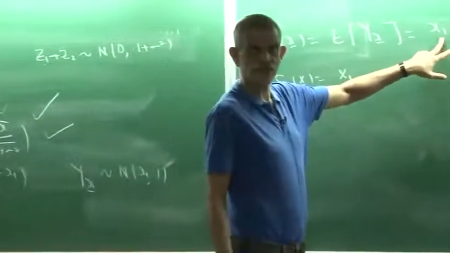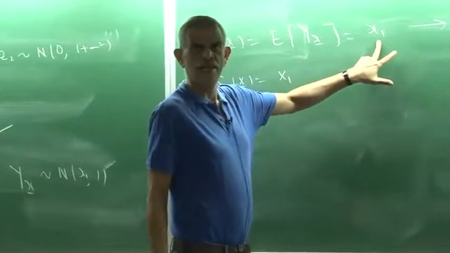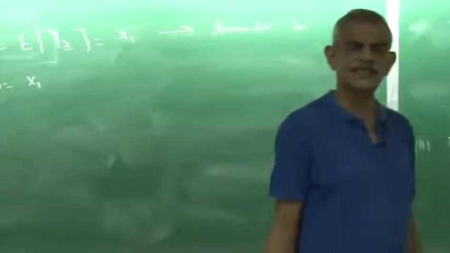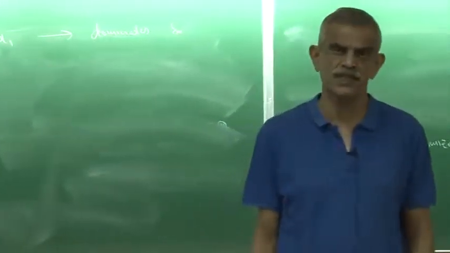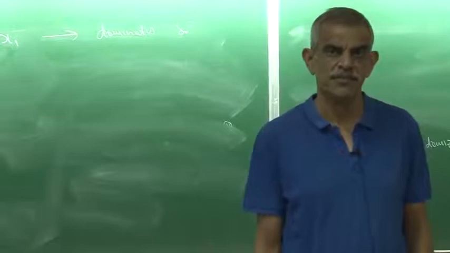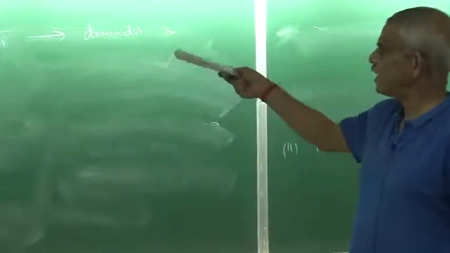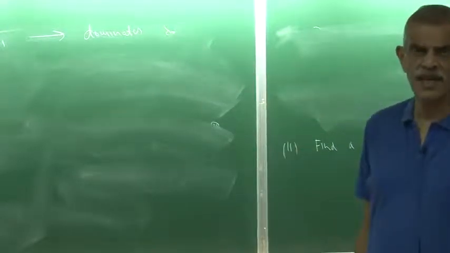which is x1, a non-randomized estimator. Now you find an estimator which dominates this. We knew that such a thing is possible if your loss function is convex, using Jensen's inequality. And what will be the estimator? You take the expected value of x1 given x bar.